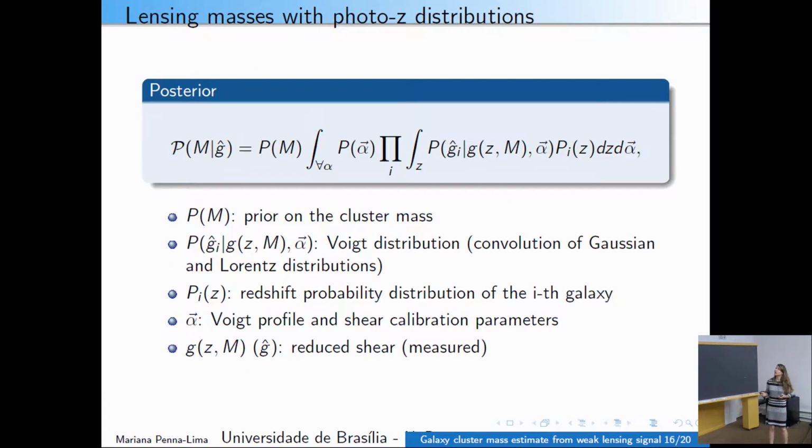So this is the posterior we built. This is the reduced shear that we have from each background galaxy which was lensed. This is the theoretical reduced shear.